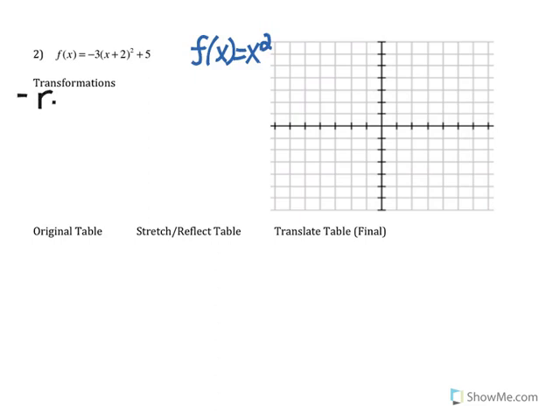That's a reflect over the x-axis. Now, in terms of transformations, you can do the reflect over the x-axis and the vertical stretch at the same time because it both involves multiplying. So the 3 is a vertical stretch by a factor of 3.